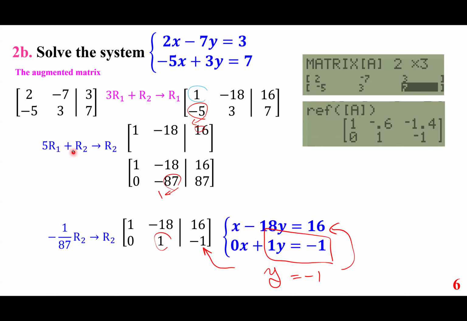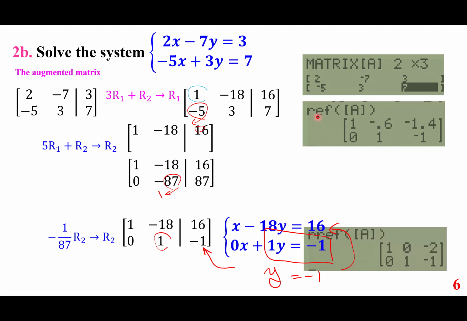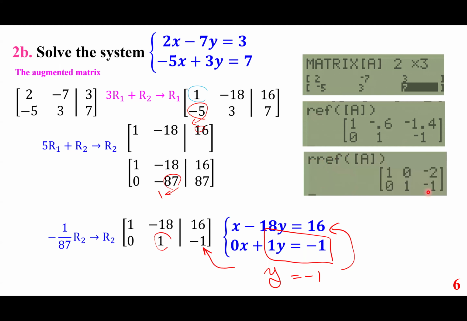However, if instead of REF, we do RREF into A, notice what happens. This is the solution. And again, if y equals -1, you can put it here. You see that it gives you -2. If you go RREF, it actually gives you the solution.